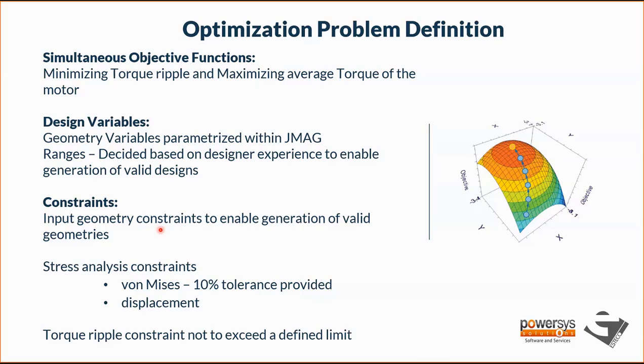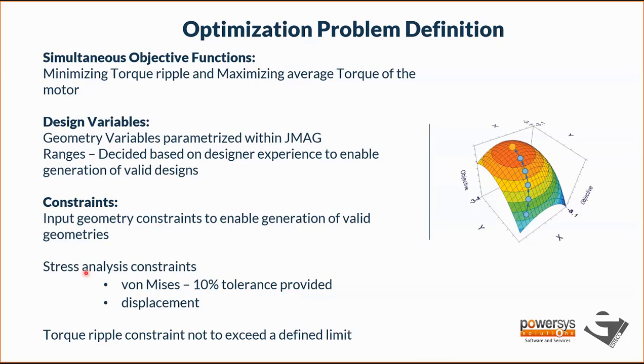Because we do not want any inconsistency in the geometry when it's being generated. So these are essentially input constraints that can be defined in modeFRONTIER that assist in defining which region is the feasible region and which region is the infeasible region, for example.